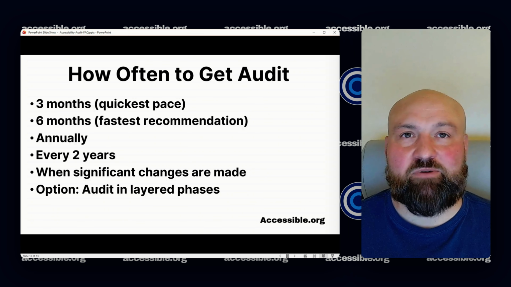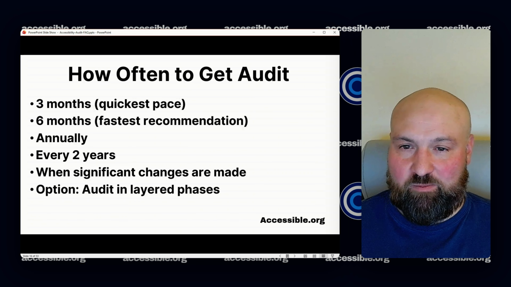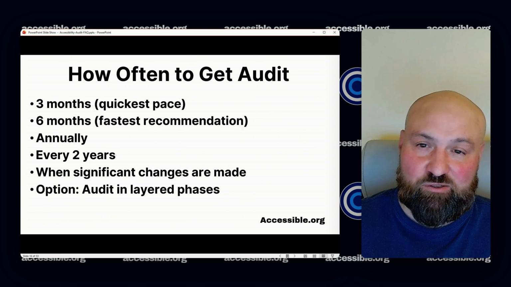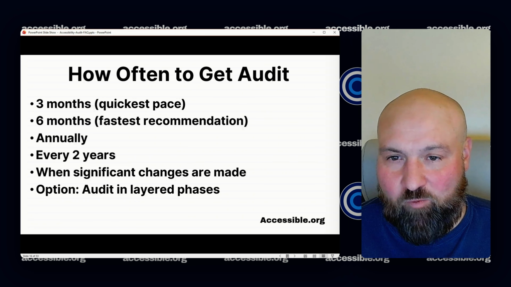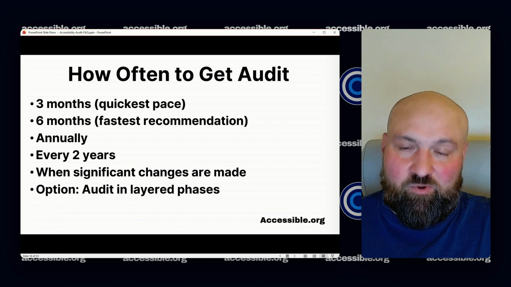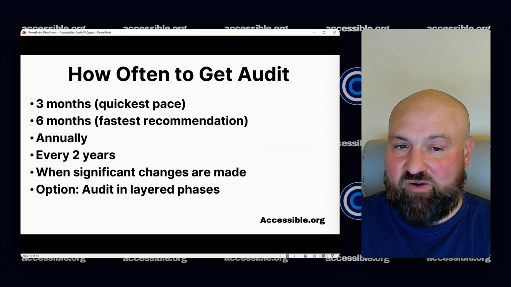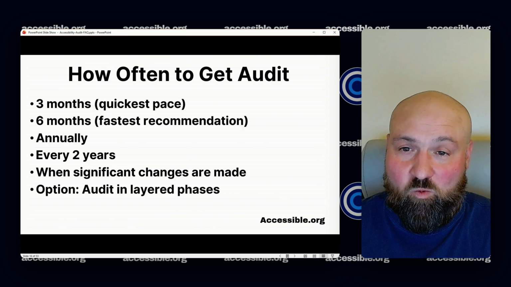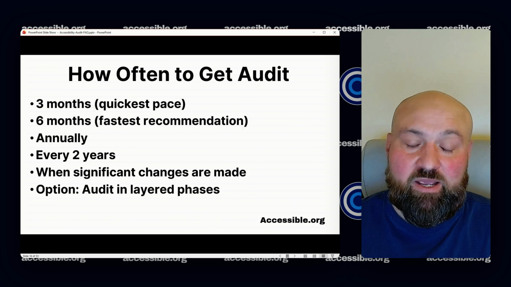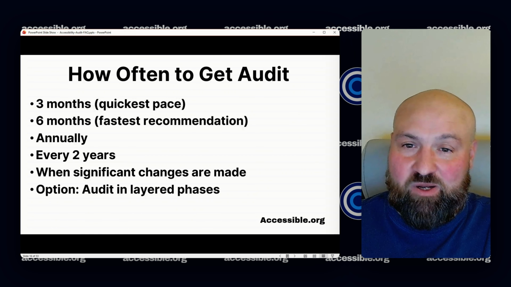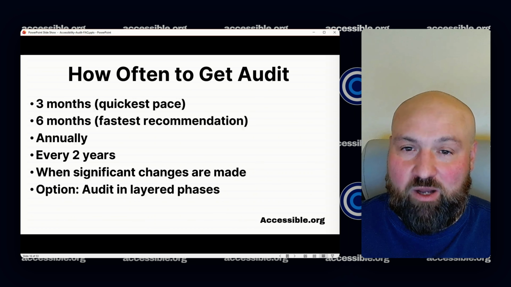One other consideration is, let's say that you take a phased approach when it comes to the technical standards. So let's say you start with WCAG 2.1 AA, and then you eventually want to get to 2.2 AA. So in this case, maybe it is every 6 months, or you start with an audit, and then after 8 months has passed, you conduct the new audit where it's WCAG 2.2 AA.